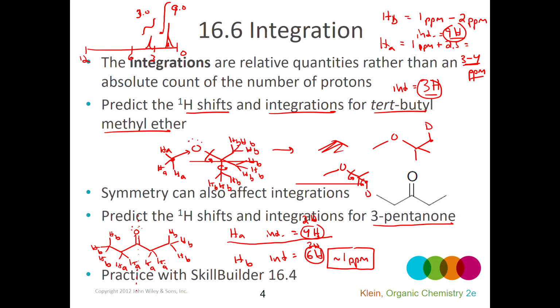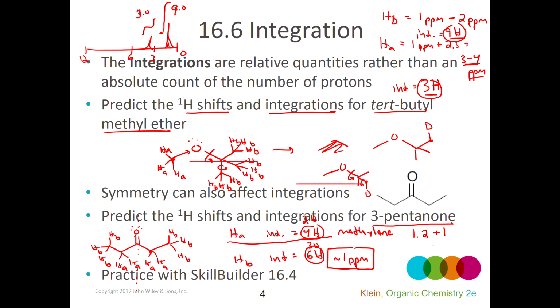Hydrogens of type A, they're a methylene instead of a methyl or a methine. 2 hydrogens on 1 carbon is a methylene. And a methylene usually comes around 1.2. But this one is 1 carbon away from a C=O double bond, which we said is going to add about 1 to the shift.